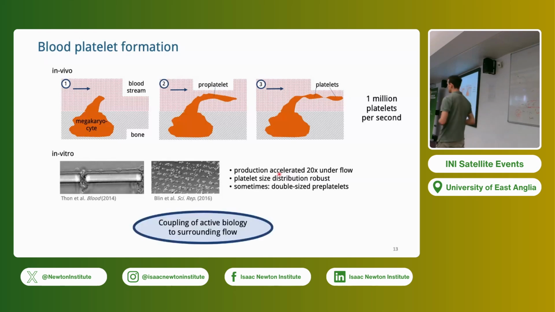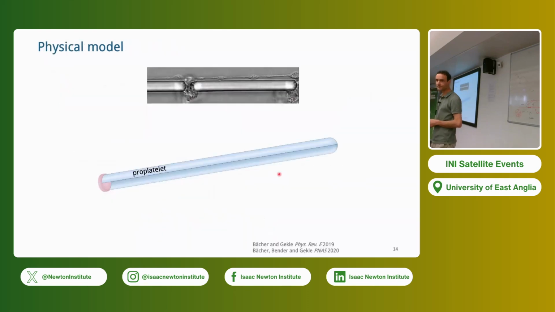So what we have here is a system that has a very interesting coupling between active biology, so the biological process of the cell, which grows this proplatelet, there's really some active biology happening, and the surrounding flow. And these two speak to each other, and these two necessitate also each other, and that's what made it interesting for us to look at that.